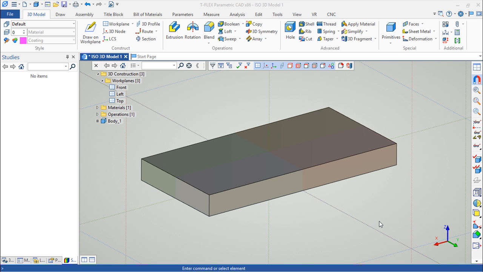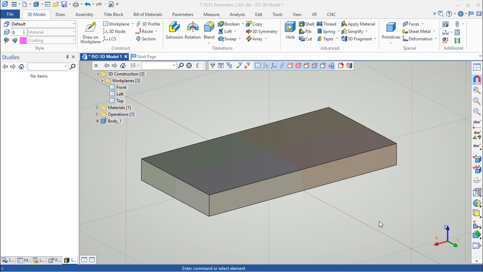So the isotropic materials, these physical properties do not change depending on the orientation, and the anisotropic materials change properties according to the orientation or position in space.